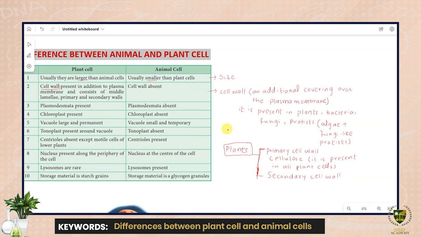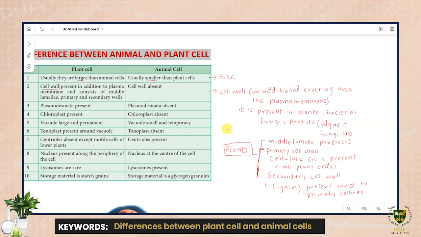The secondary cell wall's major ingredient is lignin, and it is present inner to the primary cell wall. Clear? The third type is the middle lamella. Clear? It is present between two neighboring cells. Clear? Two neighboring plant cells.